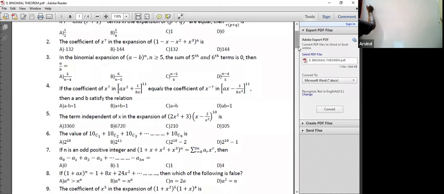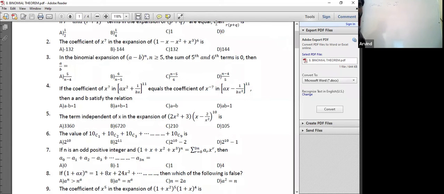Before that, let me take the two expressions. (ax plus 1 by bx squared) whole to the power 11 is the first one, and the second one is (ax minus 1 divided by bx squared) whole to the power 11. So in one we need x to the power 7, in the other x to the power minus 7.